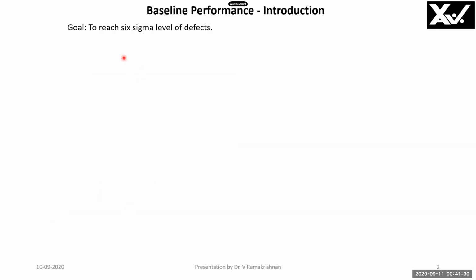In any process, the goal is to reach Six Sigma level. What is Sigma level? It tells you about the process. The quantity of products that are defect-free can be identified from the Sigma level. Now, our aim is to reach the highest quality, which is Six Sigma. And how do we know that we have reached Six Sigma level?